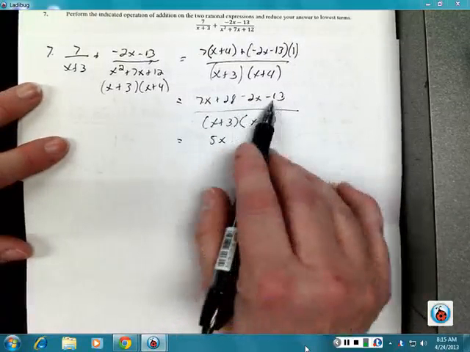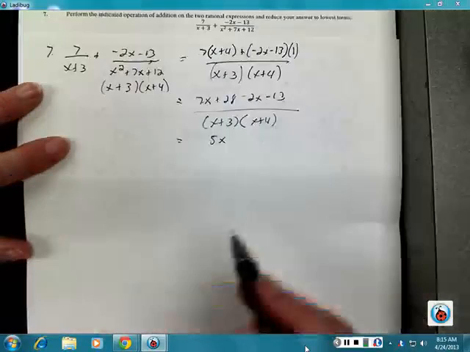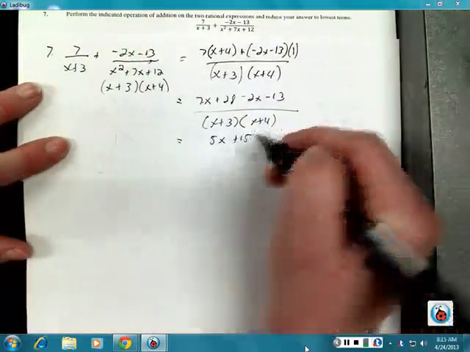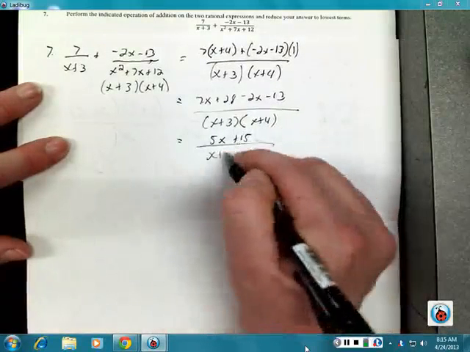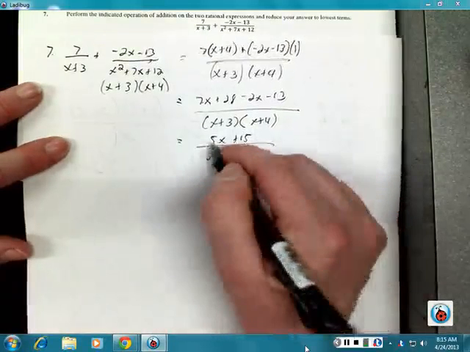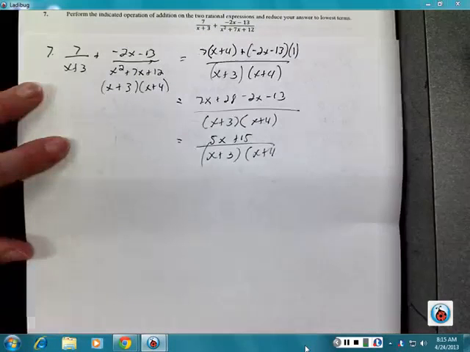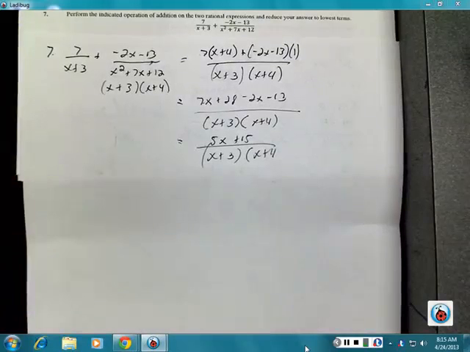Positive 28 and a negative 13 is a positive 15 all over x plus 3 times x plus 4. Am I finished? Are we done? No. Why not?